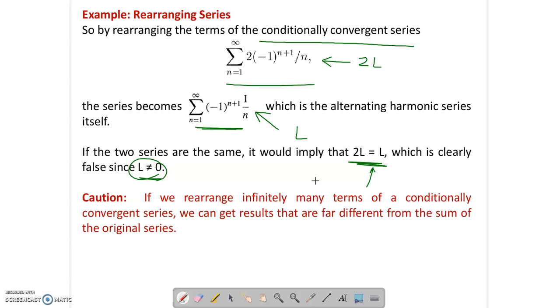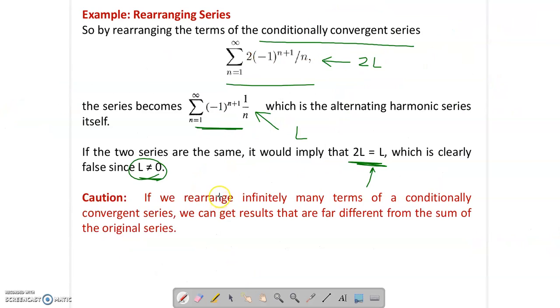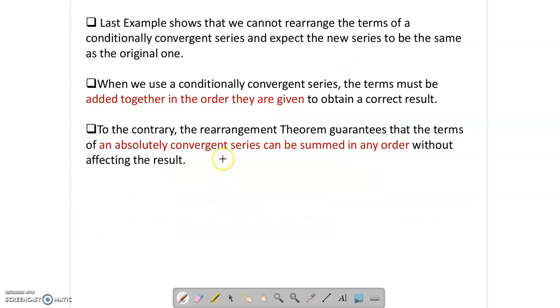That is what has happened here, right? Because the series with which we started was not an absolutely convergent series. It was a conditionally convergent series. And when we did some manipulation on this series by rearranging the terms, we reached a contradiction. So we can say that the last example shows that we cannot rearrange the terms of a conditionally convergent series, right?